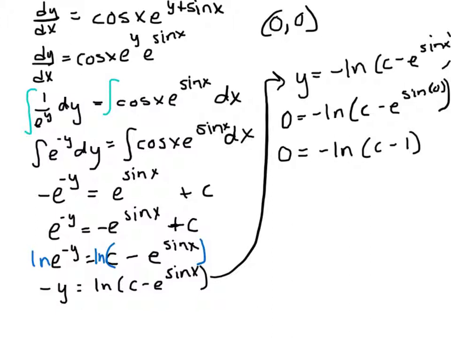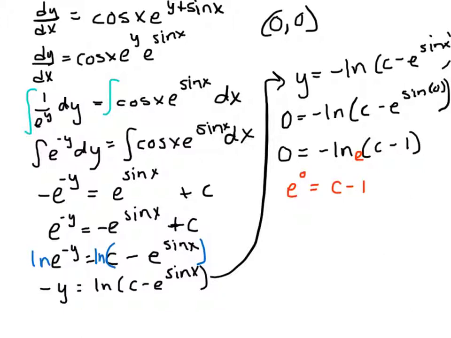And to solve for c, remember that there's really a little tiny base e here. So what we're going to do is e to the 0 equals c minus 1. The negative we could have just divided over in this case, so we don't need to pay any attention to that.